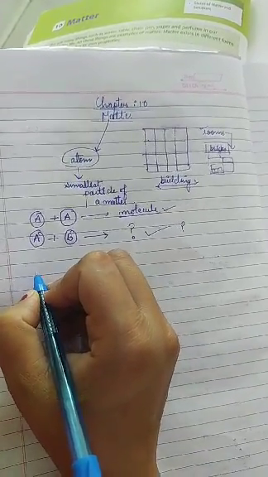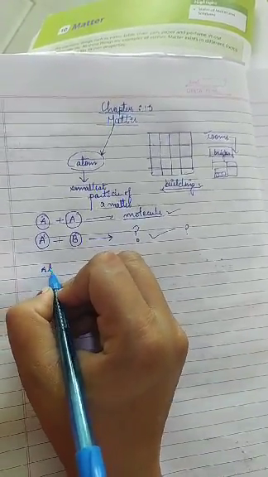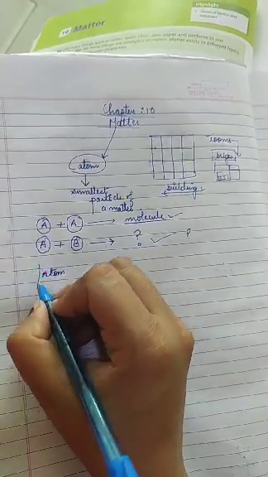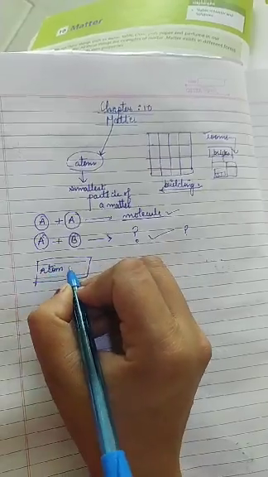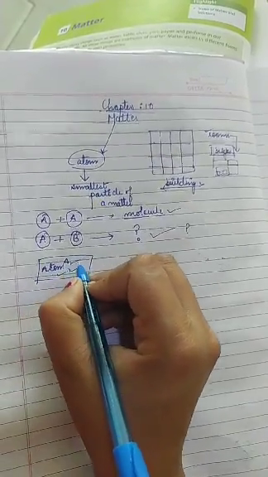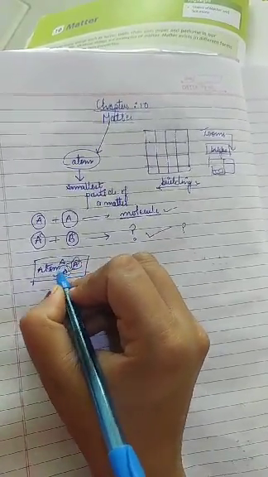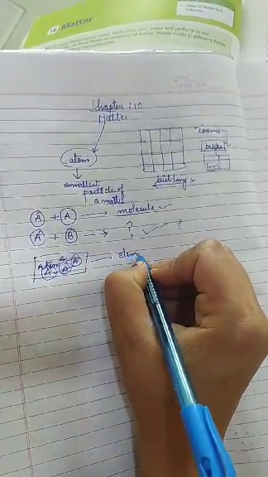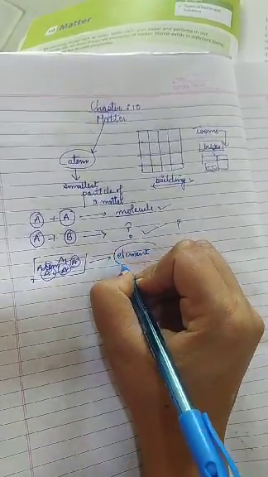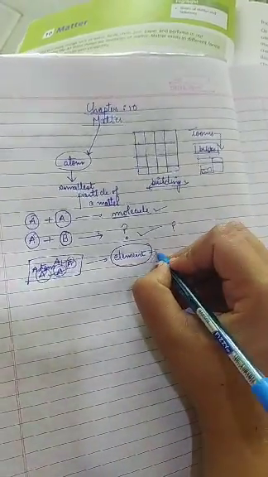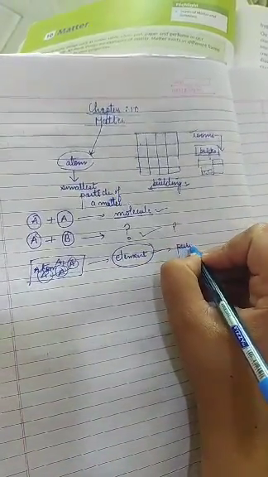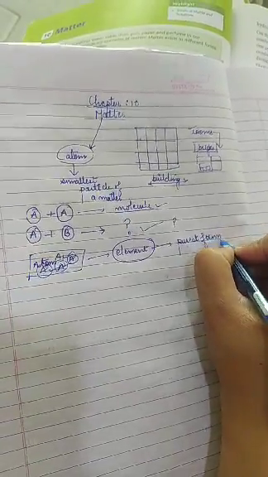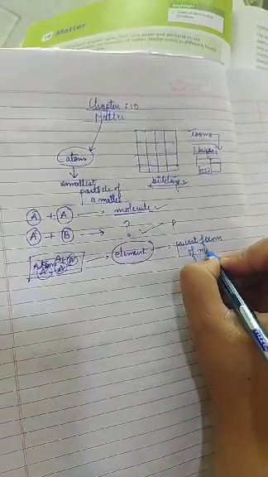Okay? If in a matter all atoms are of the same type, if this is a matter and all atoms are of the same kind, A, है ना, same kind, then this is known as element. Element is the purest form of matter.